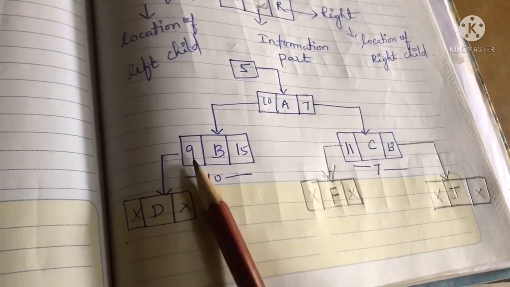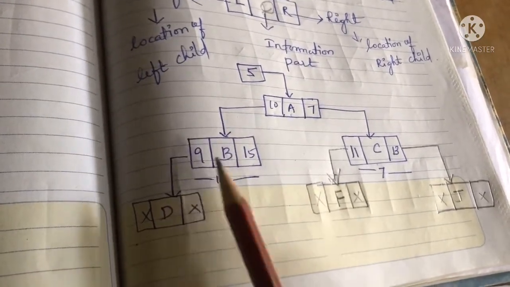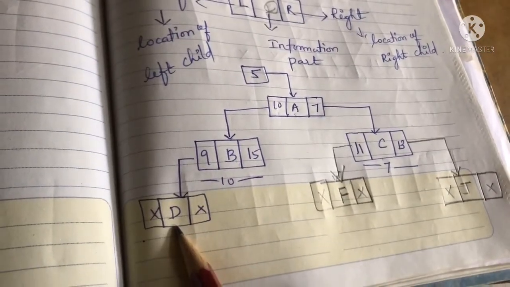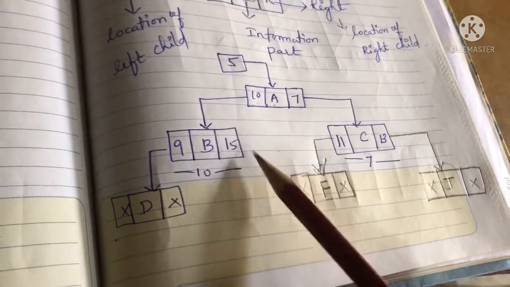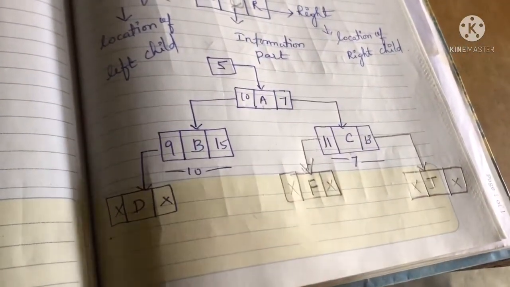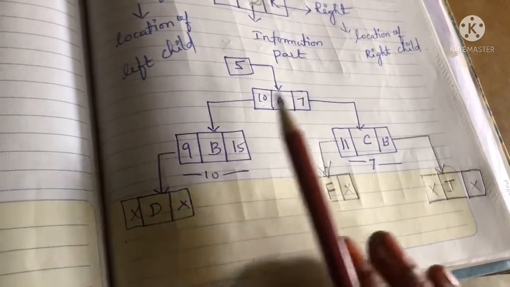Likewise, B's left child location is the 9th location, that is, the left child is D. Some notes are available here for your reference; I included only a little bit, just for example.